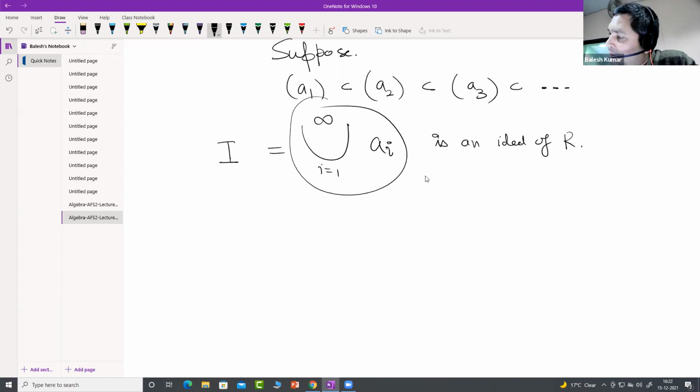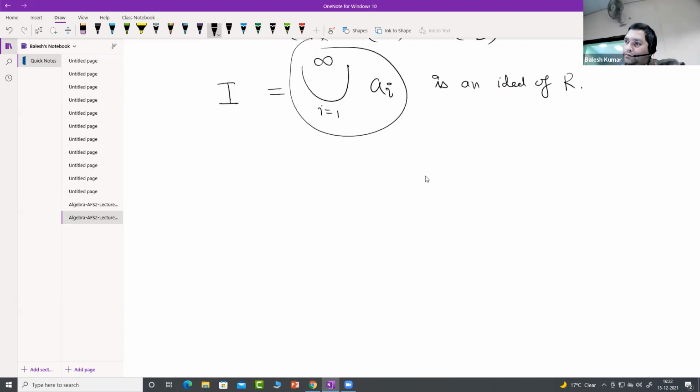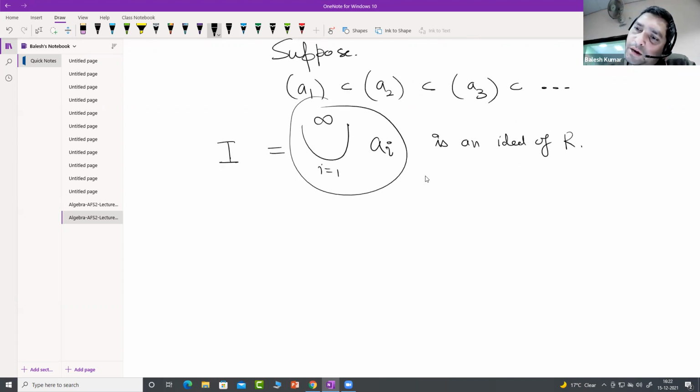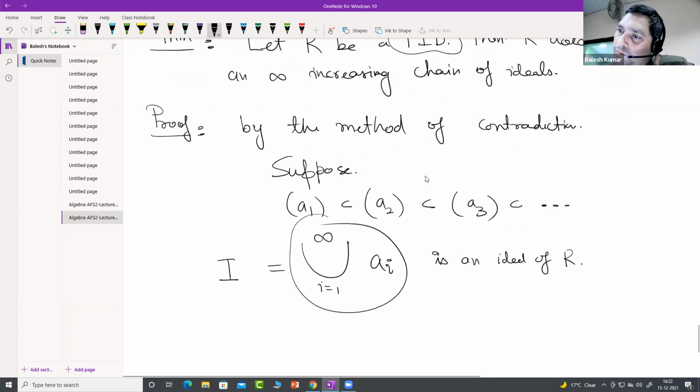Now, given that R is a principal ideal domain, we have this very big union, and we are able to generate this big ideal by a single element. That is the crucial point to prove this theorem.